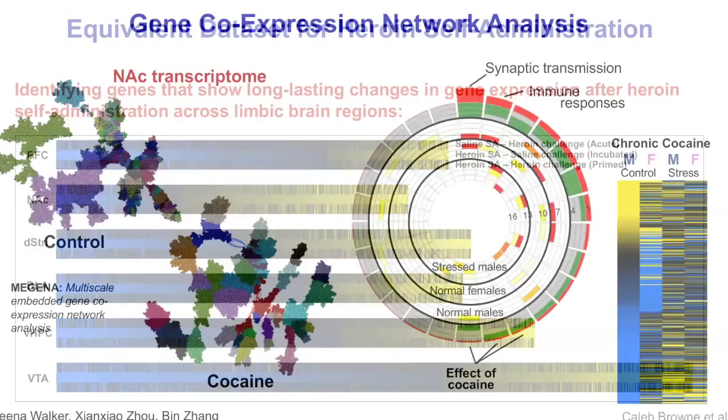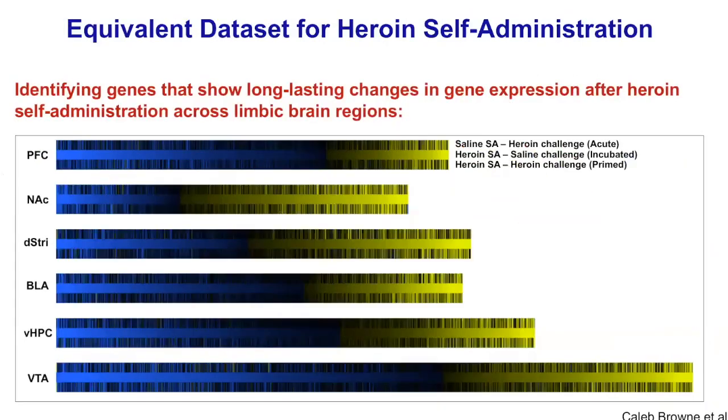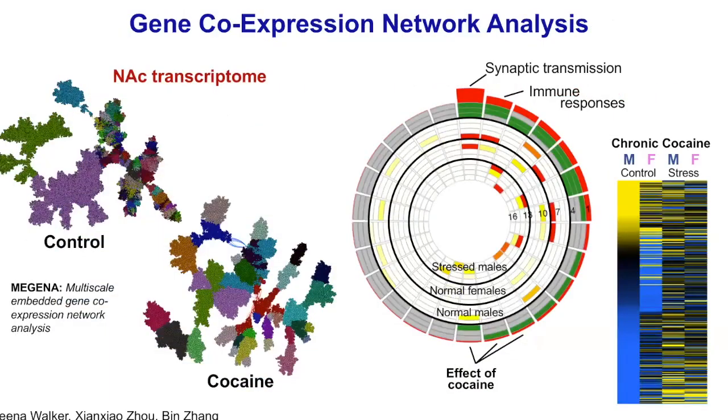Now, everything that I've talked about thus far refers to differentially expressed genes that these heat maps reflect. Yellow or blue, an RNA that's expressed at higher or lower levels under one condition versus another. But the magnitude of the data sets means that we have the capacity to use much more sophisticated bioinformatic approaches, such as various types of co-expression network analyses.